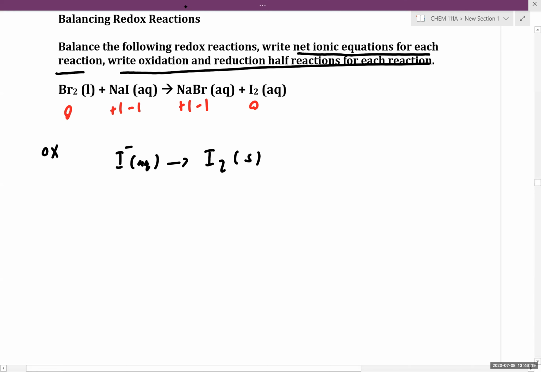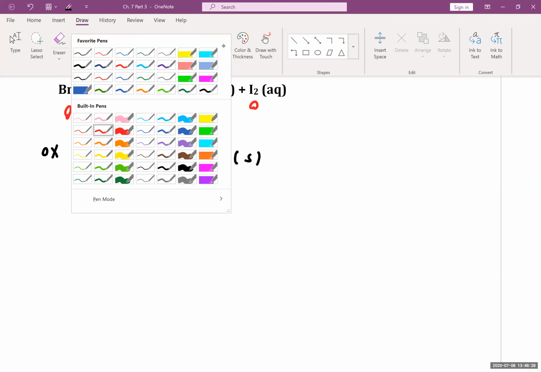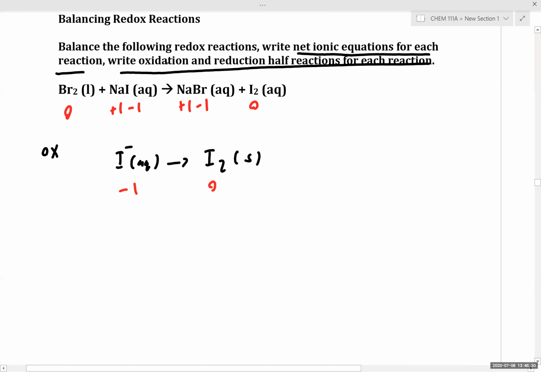Now, first and foremost, before we even start counting electrons, we need to balance this equation. Is this equation balanced in terms of non-hydrogen, non-oxygen atoms?